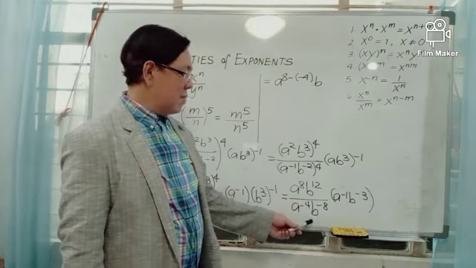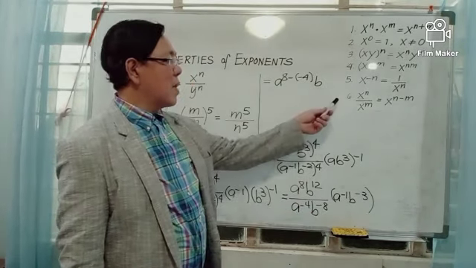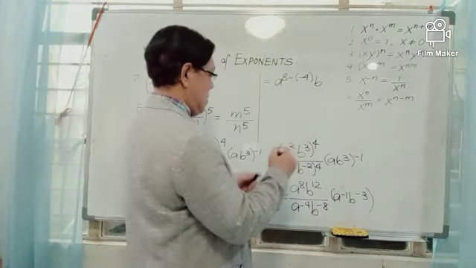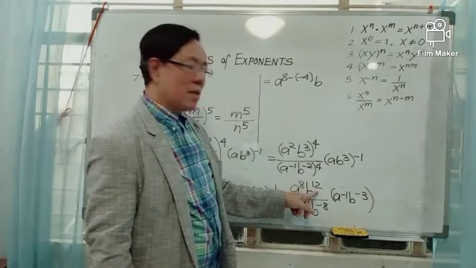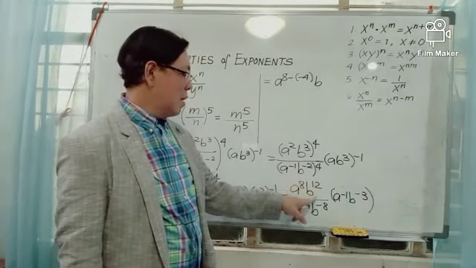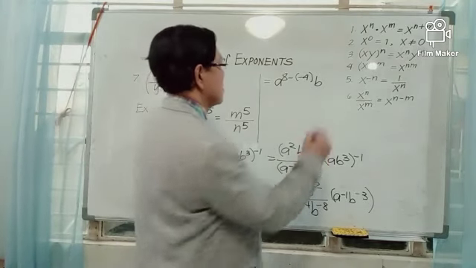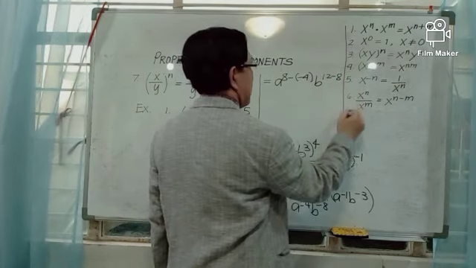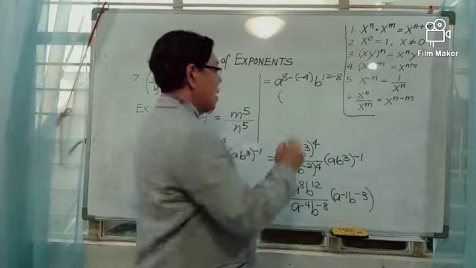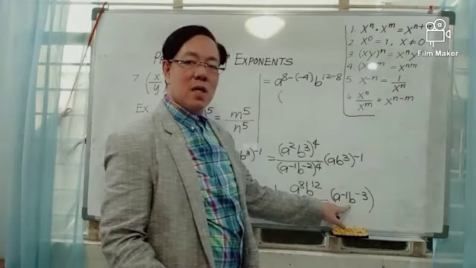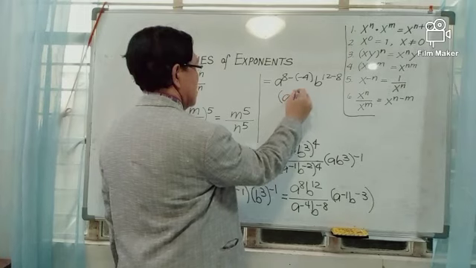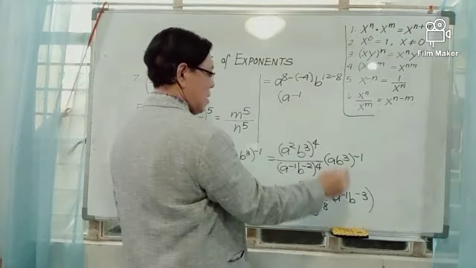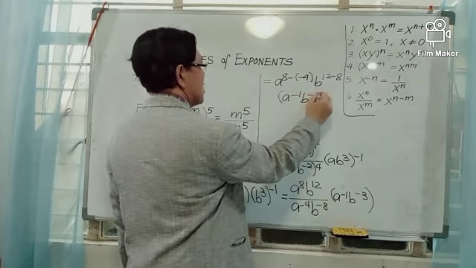For b raised to 12 divided by b to the negative 8, apply the sixth property of exponent. Common base is b, and we get the difference of the exponents, 12 minus negative 8. And we multiply this by a raised to negative 1 and by b to the negative 3.